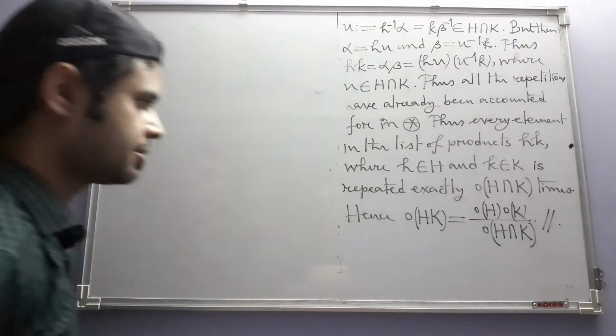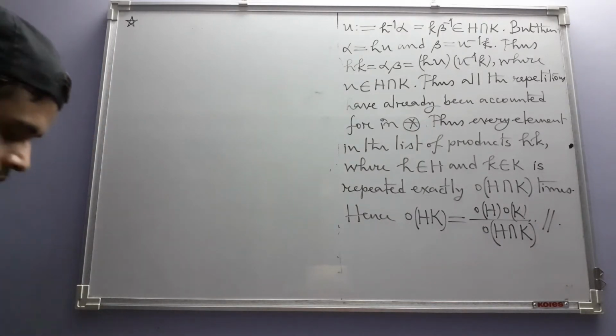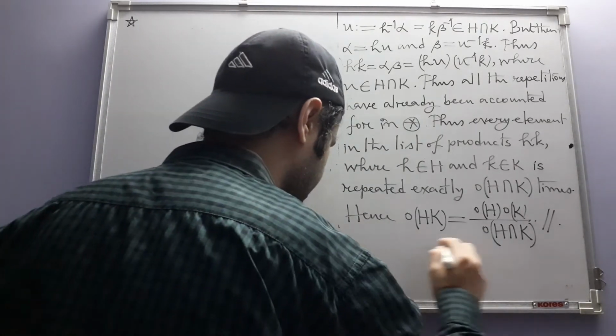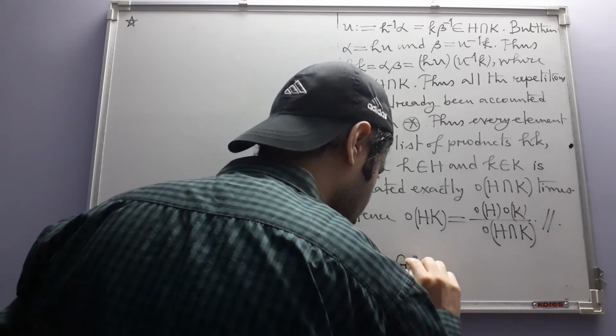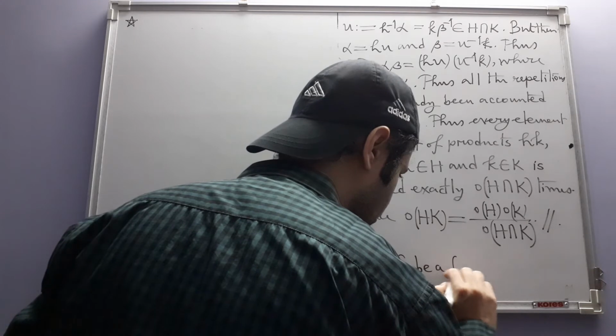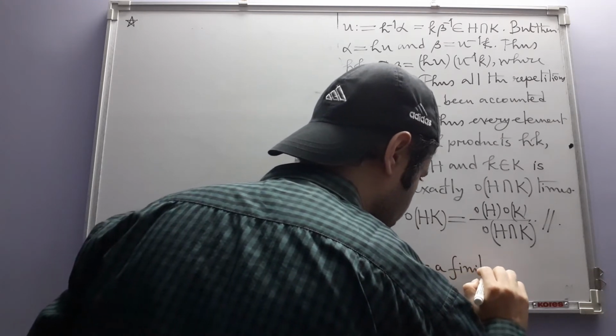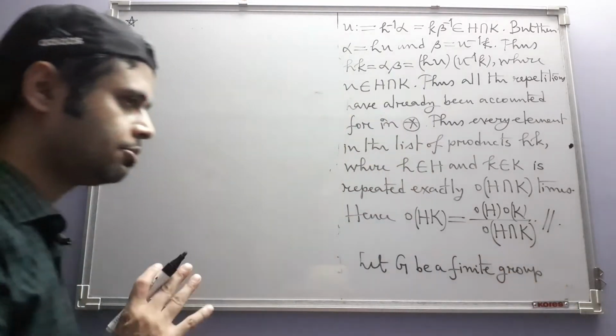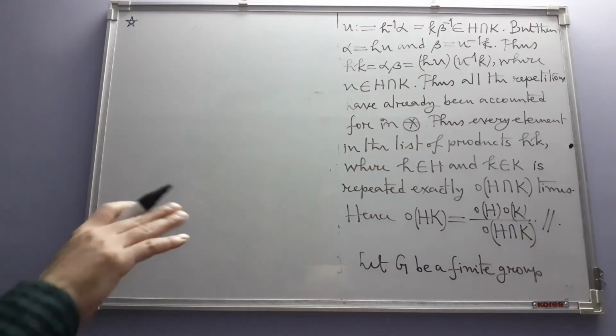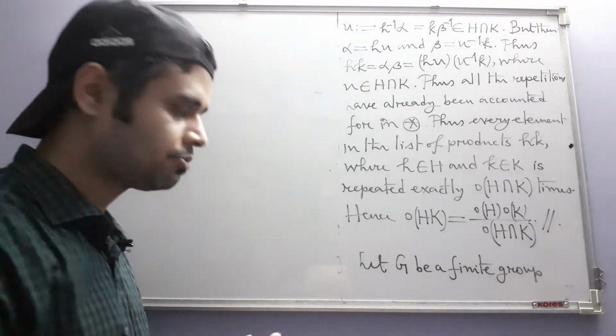And that special case is this. Let G be a finite group. Now we are considering G to be a finite group. For this result, the original group G need not be finite.